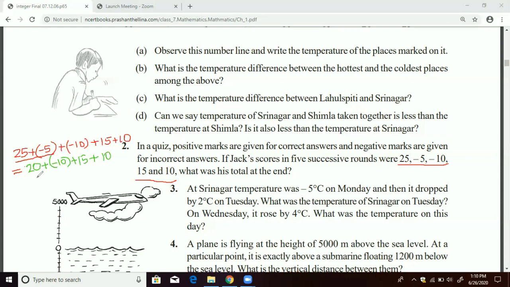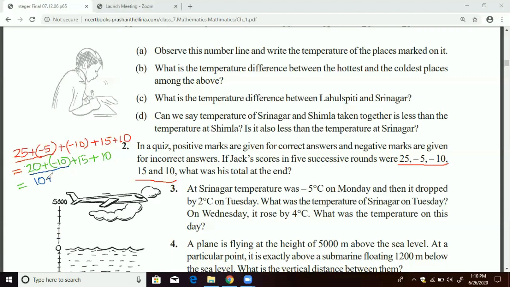Next, we are adding 20 plus -10. Again, we are finding the difference of the numbers. We know the difference between 20 and 10 is 10, and the larger value is positive, so the answer is also positive: 10.